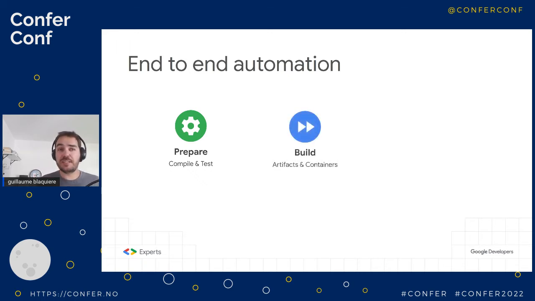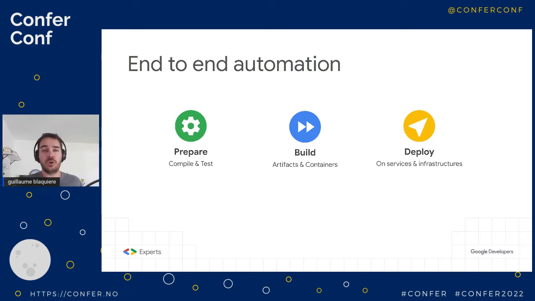The next step is to build. You build your container, you build your artifacts, you build your packages, you build what you want in your code. And the last step is to deploy your packages, your container on services or your infrastructure. You can also build images for your VMs, stuff like that.